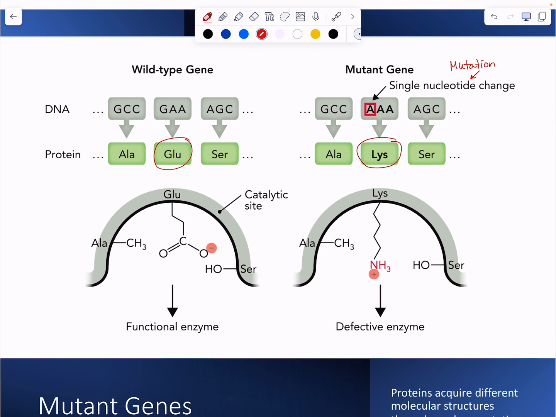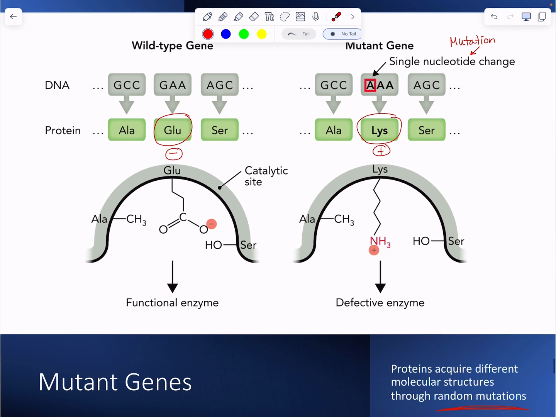It changes a negatively charged thing to one that's positively charged. And the slide shows you how the structure of the molecule changes. In the case shown here, your mutation changes the nature of the final protein that gets made to something that no longer performs its function.